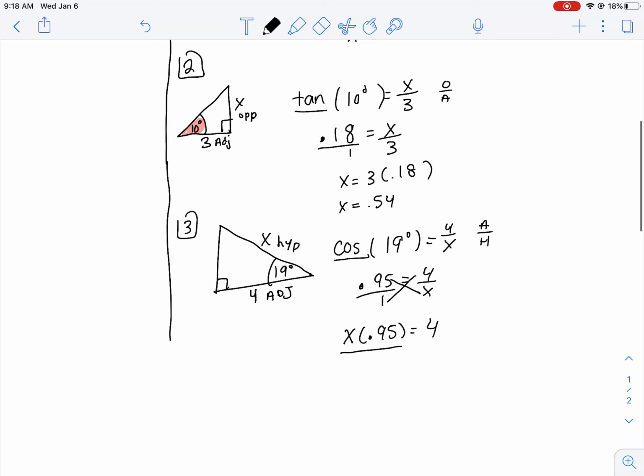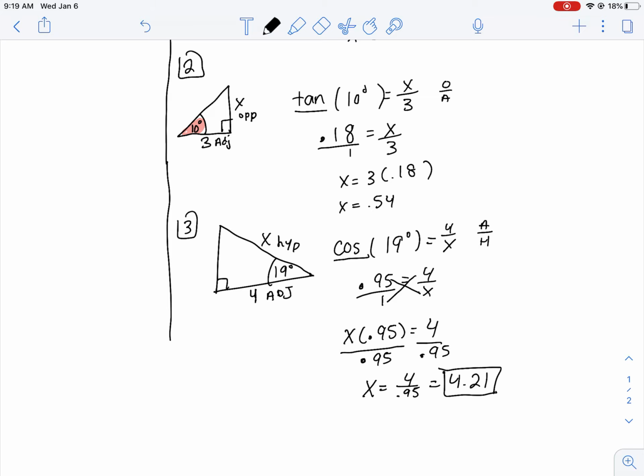You're going to have to divide both sides by 0.95. So x equals 4 divided by 0.95, which is 4.21, and that's your final answer.